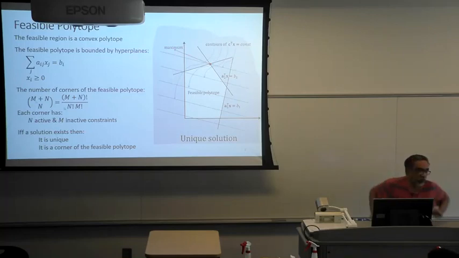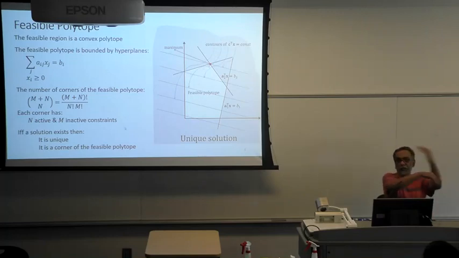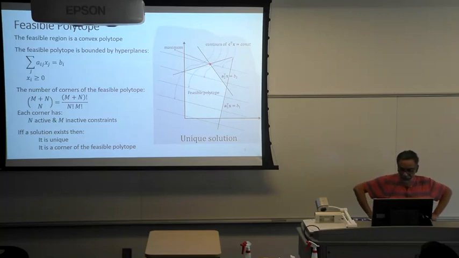Okay. You understand how I got this m plus n choose n. Each intersection, each corner would be defined by the intersection of n hyperplanes. Okay, in 2 dimensions, each corner is defined by the intersection of 2 hyperplanes, right?